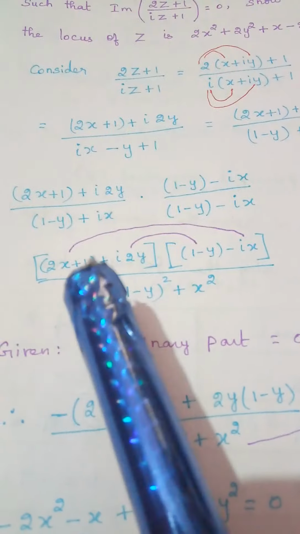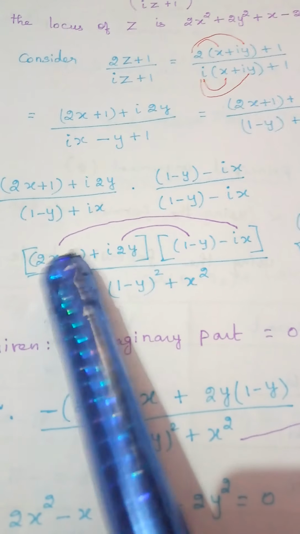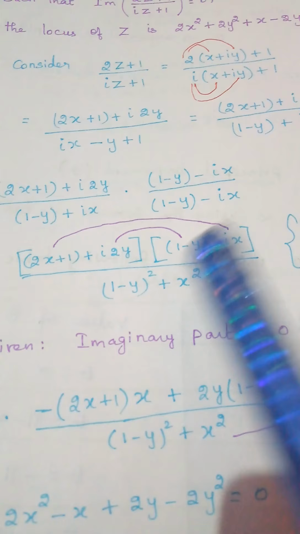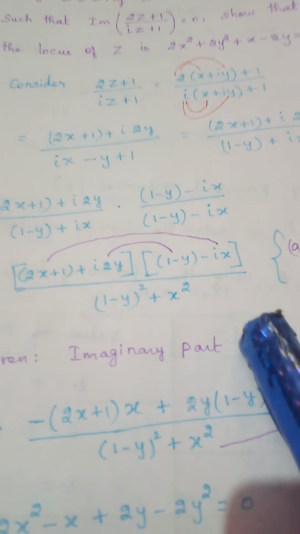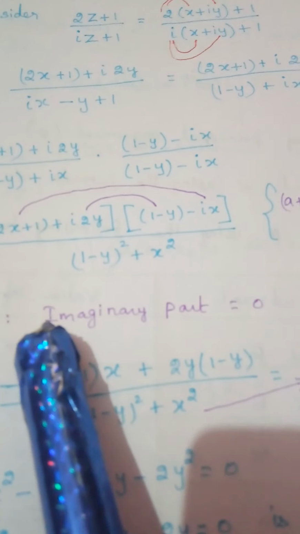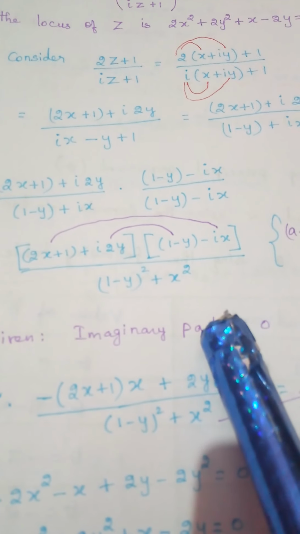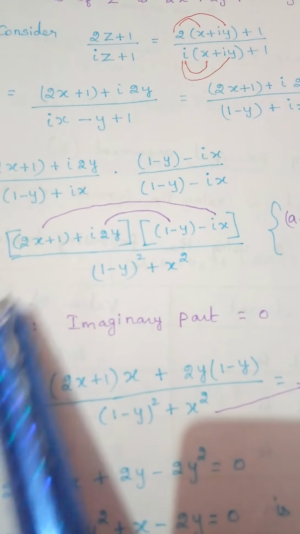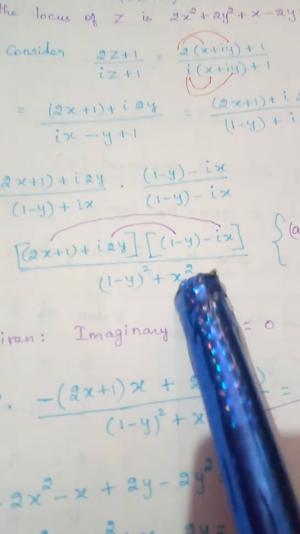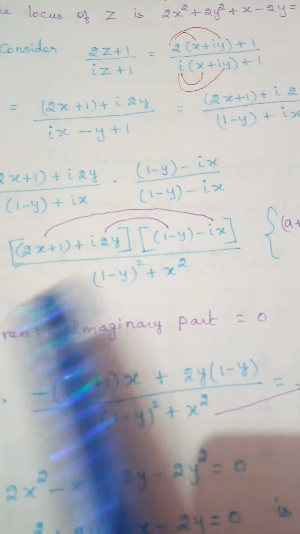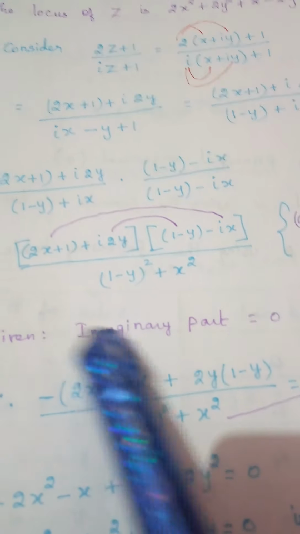In this square bracket we have two terms, and in this square bracket we have two terms, so totally we are going to have four terms, out of which I need only the imaginary part. Again I repeat, two terms present here, two terms present here. When I multiply term by term I'm going to get four terms, but I don't need all the terms. Only what I want is the imaginary part.